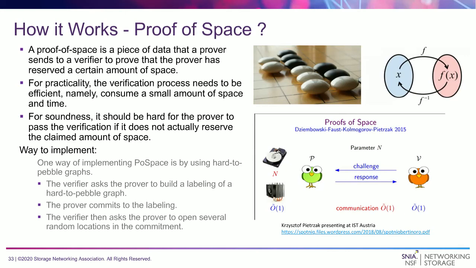And that problem can be addressed, just like it was done in the proof of space protocol, by the memory hardness function. Memory hardness functions are used in proof of work very widely. Pebbling is too, but hardness to pebbling is unique to proof of space overall.